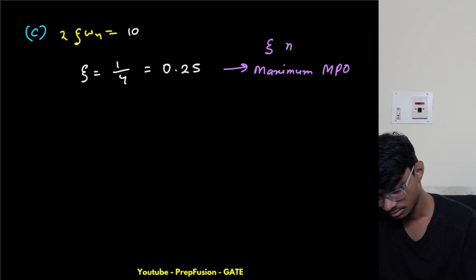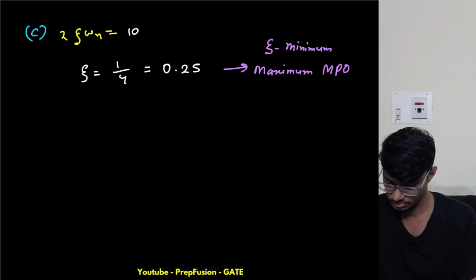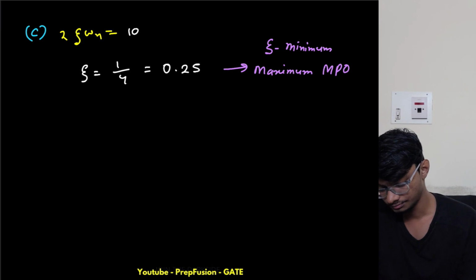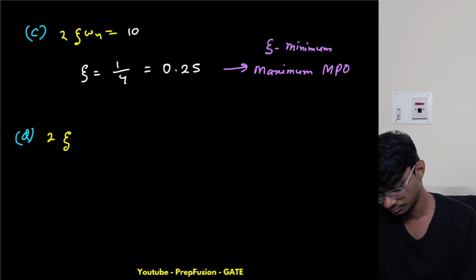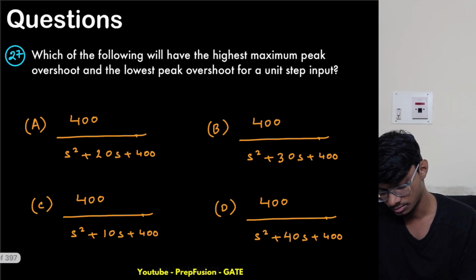Okay, and now what about D? 2 zeta omega n equals, what is this? This equals 40.